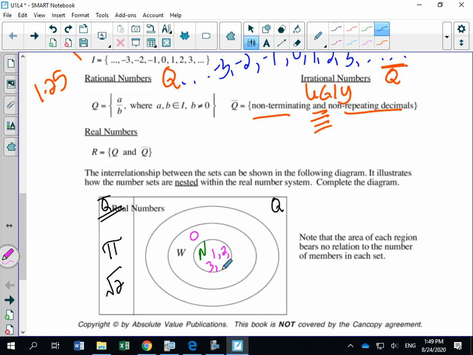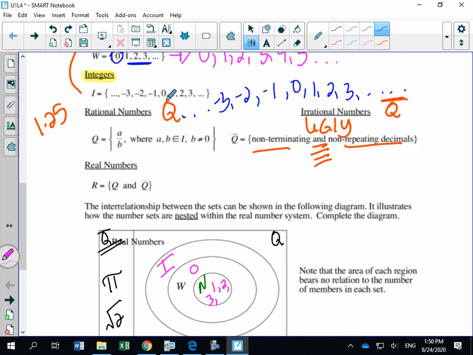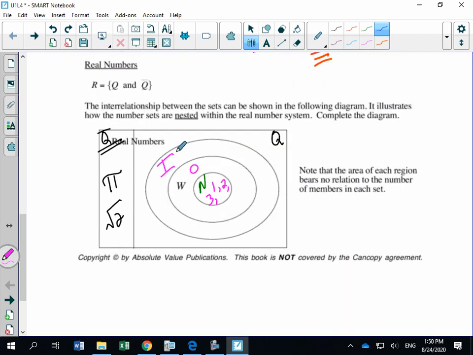Okay? Now, out here are the integers. What do the integers include? So if I look here, I've already got the integers include my whole number, which is 0. I've got that listed. It includes the natural numbers. I've got those. So now I just need to take care of the negatives, right? So I'm going to put -1, -2, -5, -11.